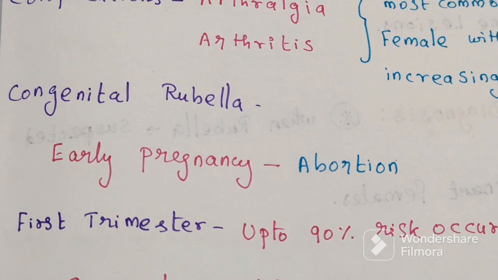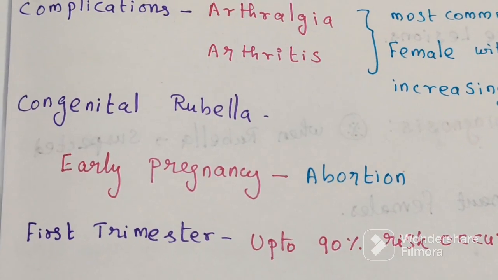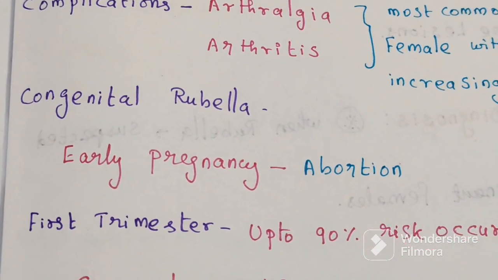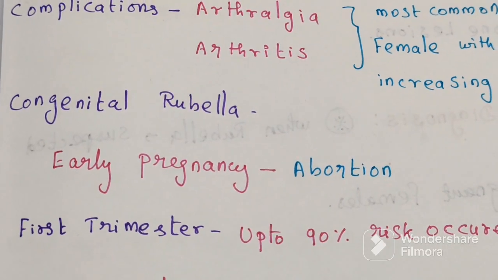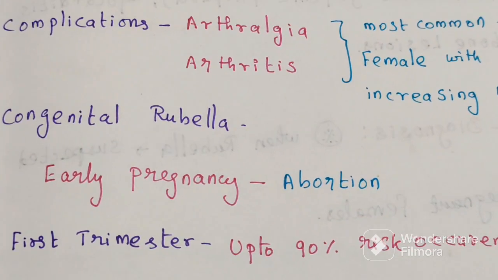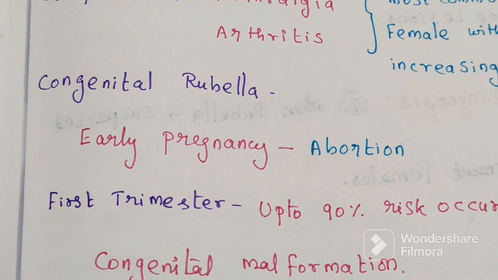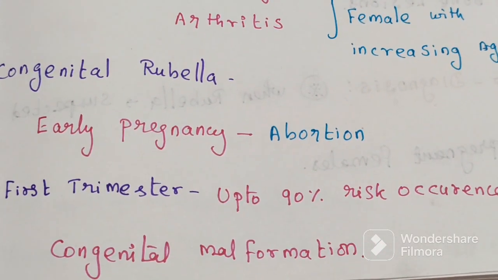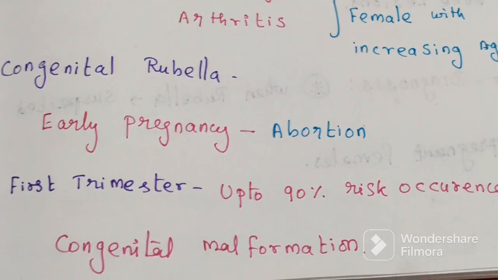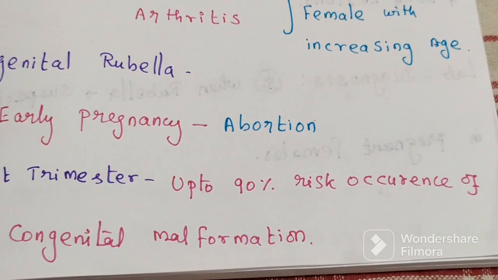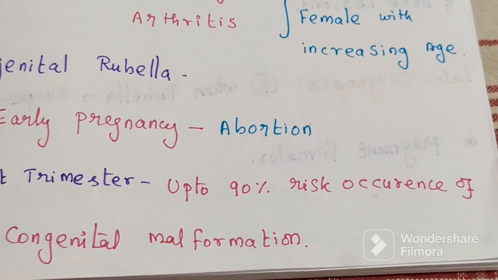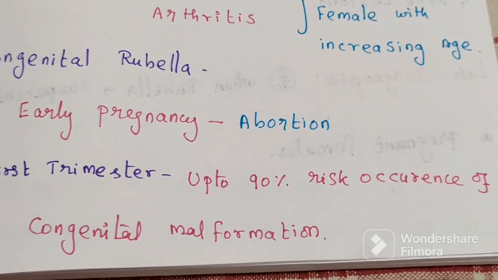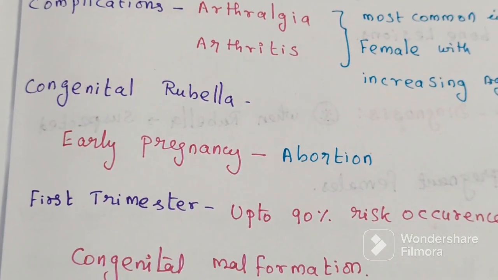Congenital rubella: in case of very early pregnancy, the infection with rubella virus can cause abortion. In the first trimester, there is up to 90% risk of congenital malformation in the baby.